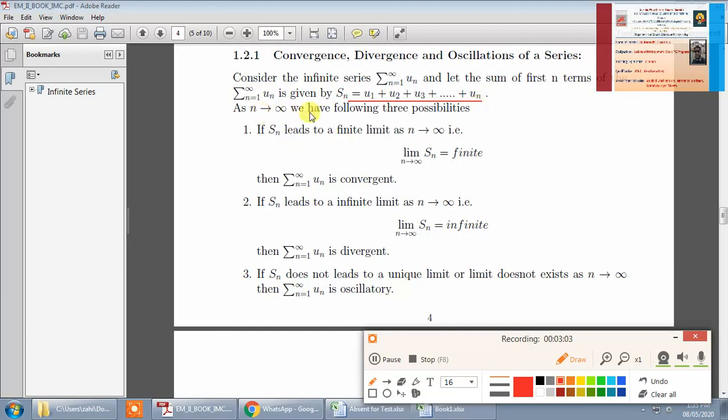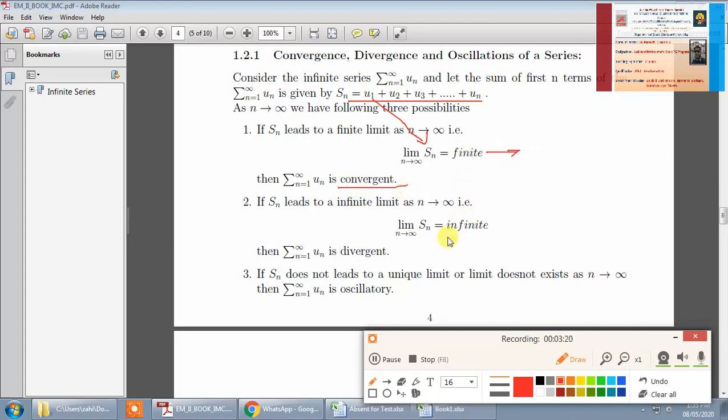As n tends to infinity, if you take the limit of this, we get some limit. If that limit as n tends to infinity of sn, the partial sum, is finite, then we say that the series is convergent.